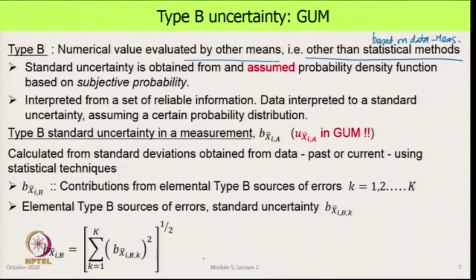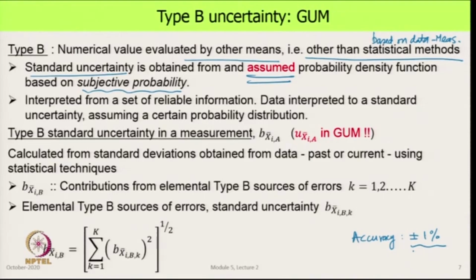And the way you proceed with that is that this standard uncertainty is obtained by assuming a certain probability density function based on subjective probability. So, what it means is, for example, if I have accuracy and somebody says my accuracy is plus minus 1%, then we can convert this into a standard error by assuming that the data from which this came comes from a certain distribution, could be a normal distribution or a triangular distribution or a rectangular distribution.